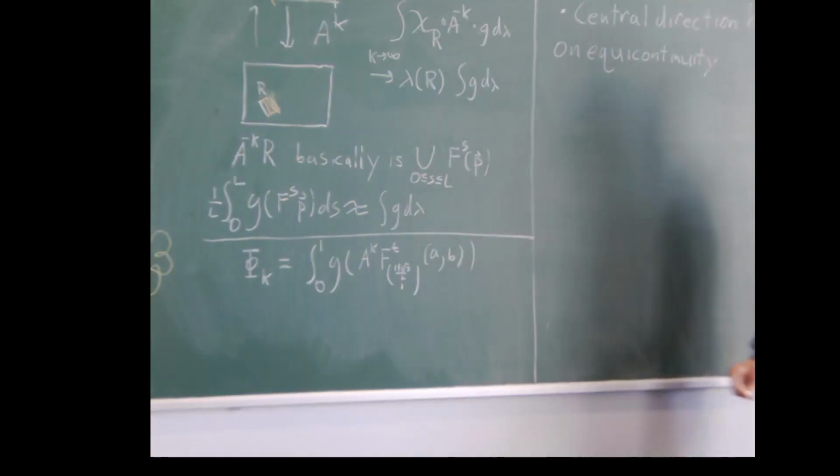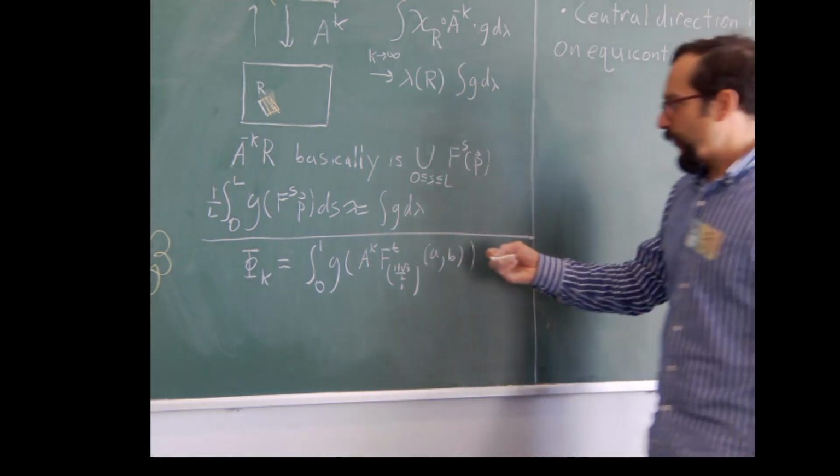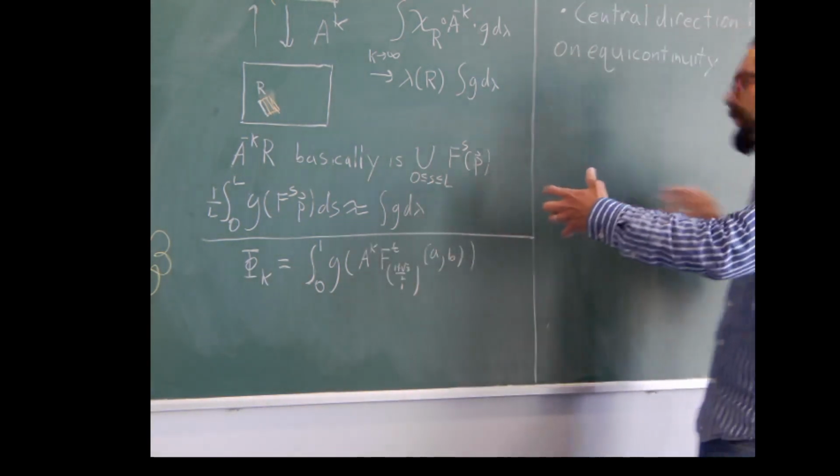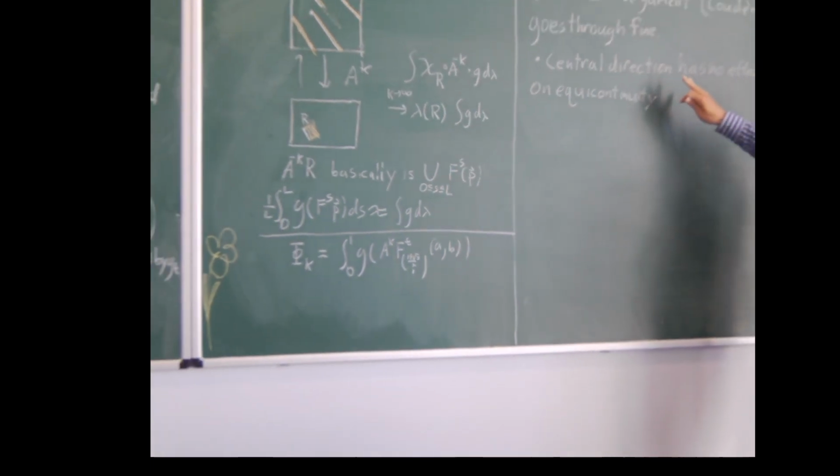And we proved that the phi sub k's were an equicontinuous family because in the flow direction where we had expansion, there was this scary thing, and I kept pointing out how it was scary, but the average took care of it in that direction. The average takes care of it in the expanded direction also.